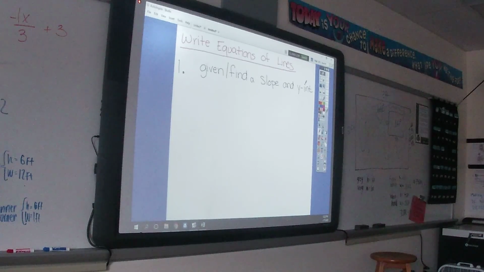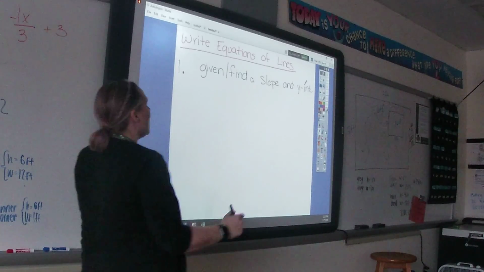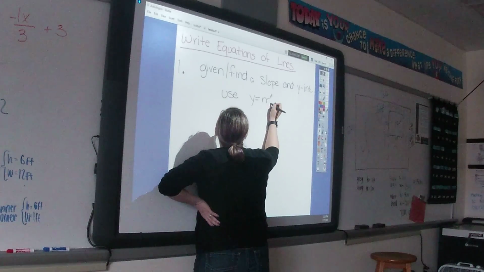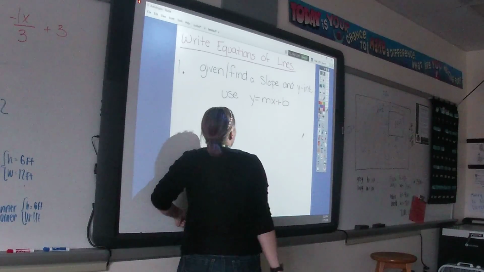So if we are given a slope and a y-intercept, what formula from the ones we've talked about do we think we should use? Slope-intercept form. So if we're given a slope and a y-intercept, we are going to use slope-intercept form.